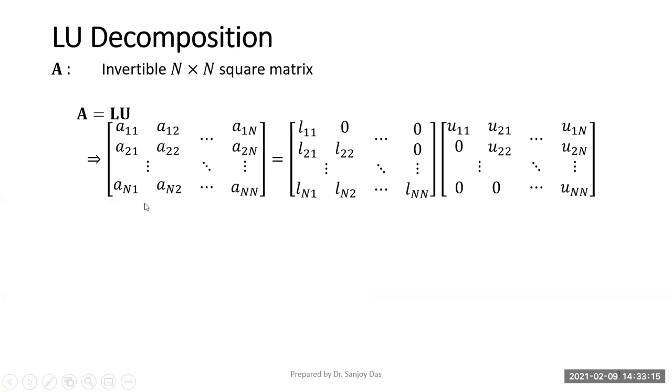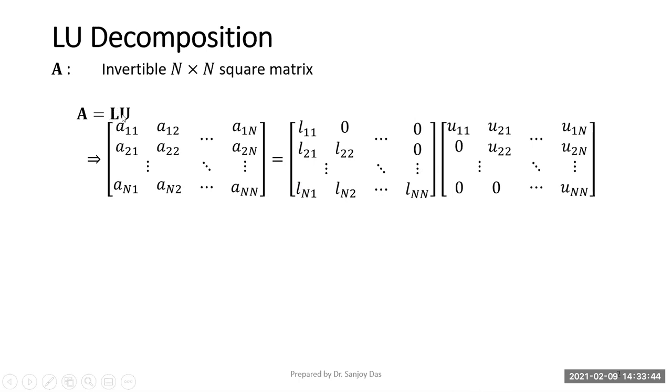This is the given matrix A, and we decompose, that is, factorize this matrix A into two factors. One is a lower triangular matrix L, and you see in this matrix we have the diagonal elements L11 to LNN, and the lower triangular elements are not all zeros, but the upper triangular elements of this matrix are all zeros.